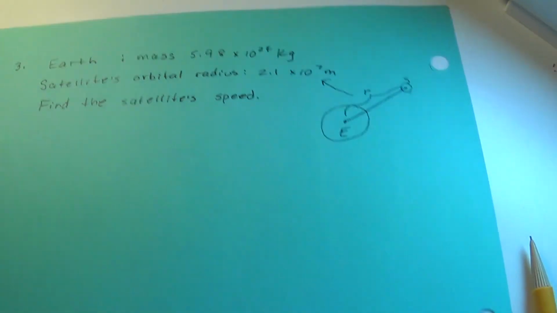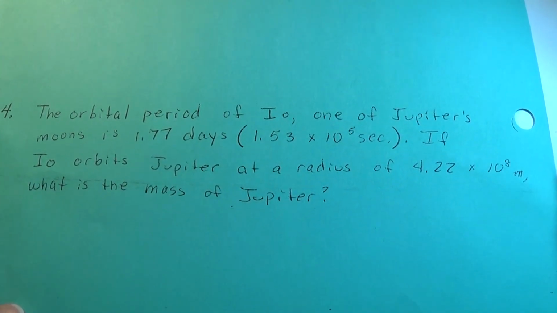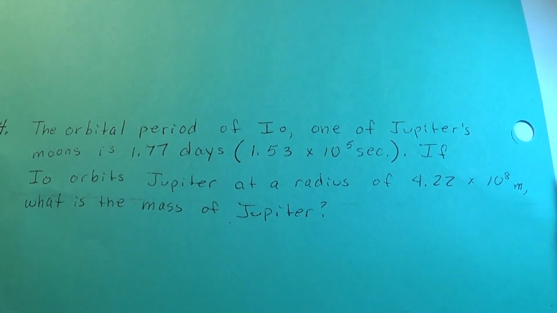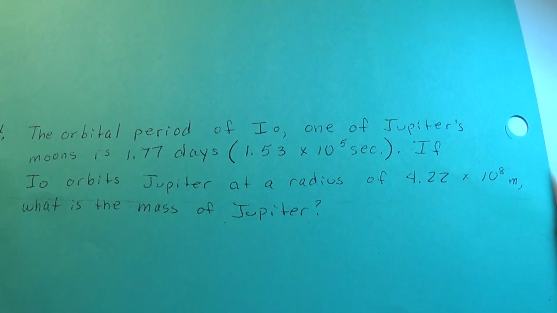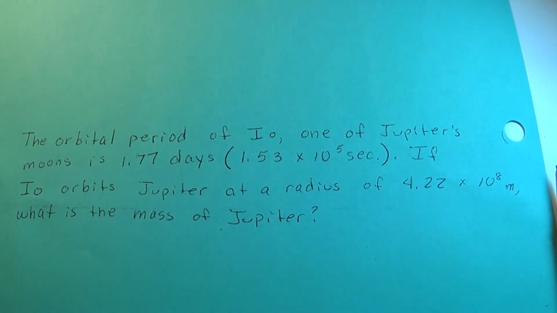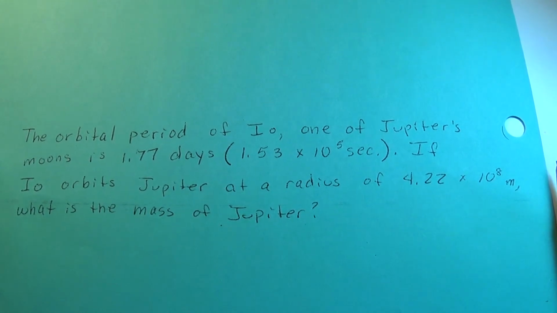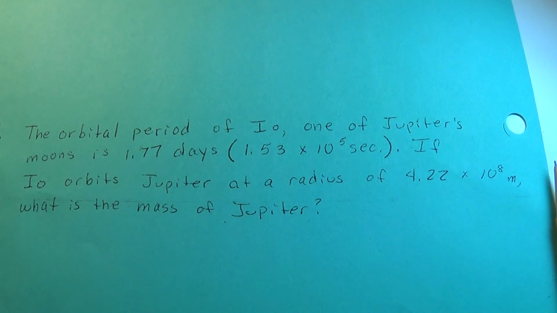And the last one. Here we are at Jupiter, who has a moon called Io. The orbital period of Io is given, and I also changed it to seconds. That's how long it takes to orbit Jupiter.